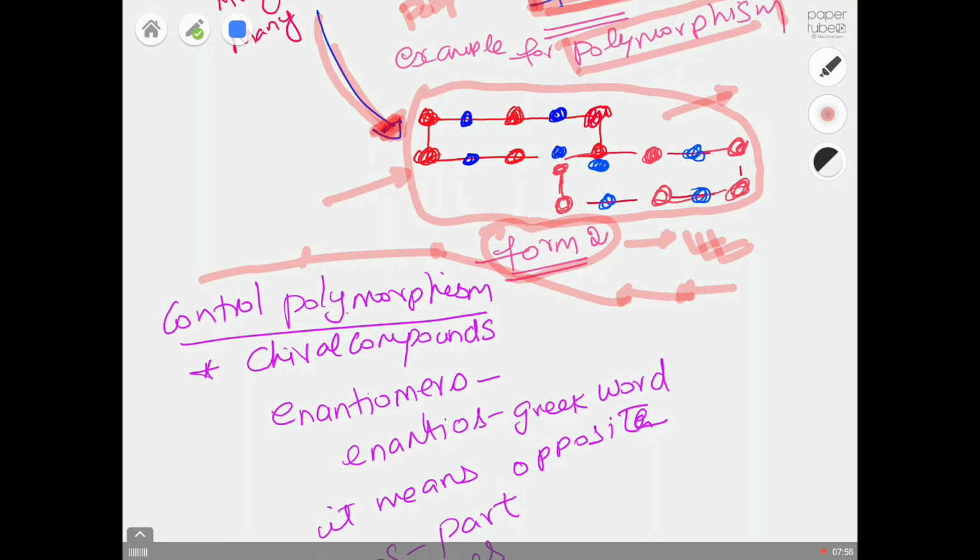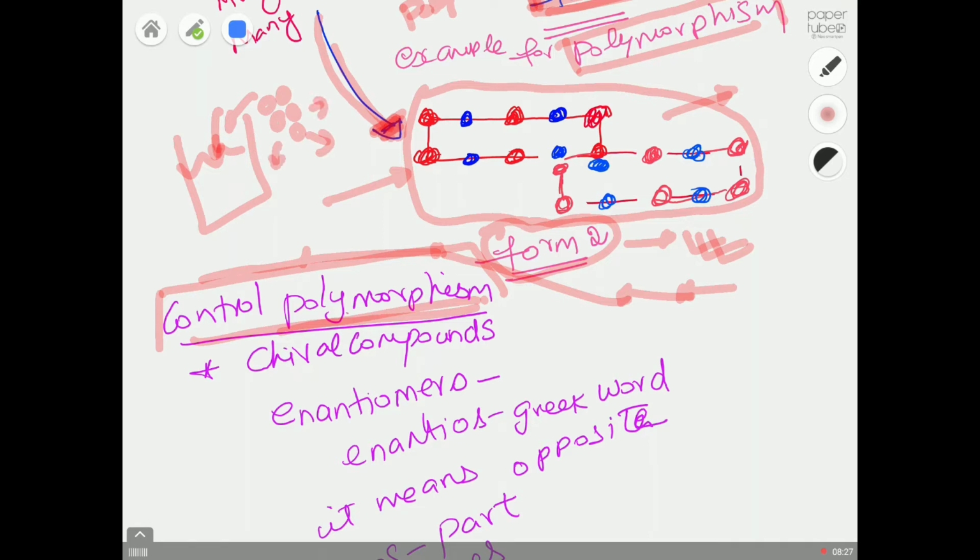Crystals are still a mystery, but they behave in a certain way. Let's go to this topic, control of polymorphism. I already showed you how to create supersaturation. We take a reactor, make the supersaturated solution, and then add a small quantity of crystals. The plan is to grow these crystals in the supersaturated solution.